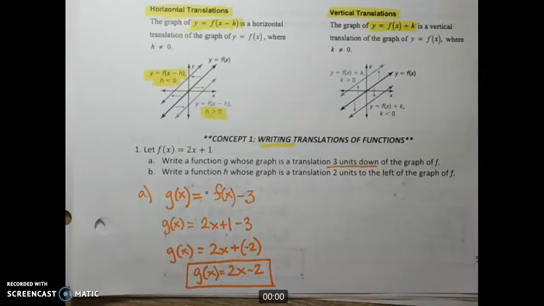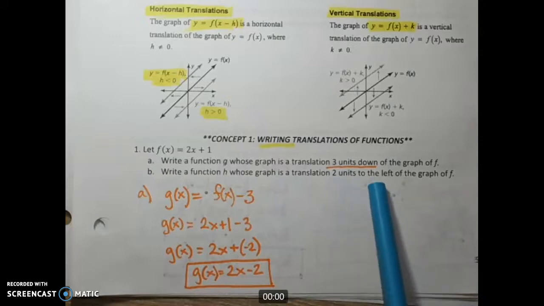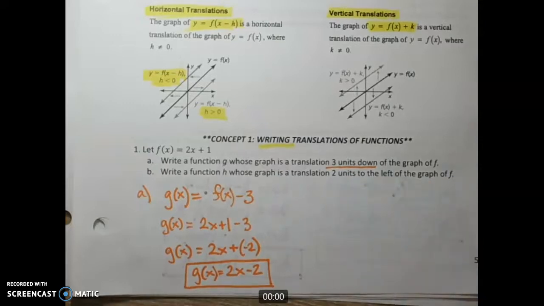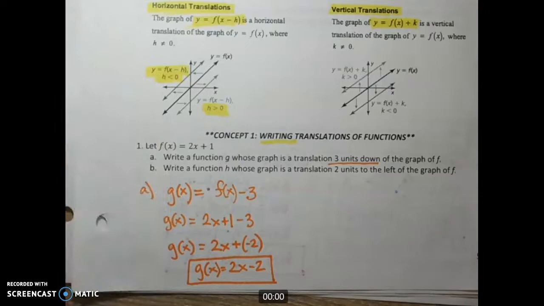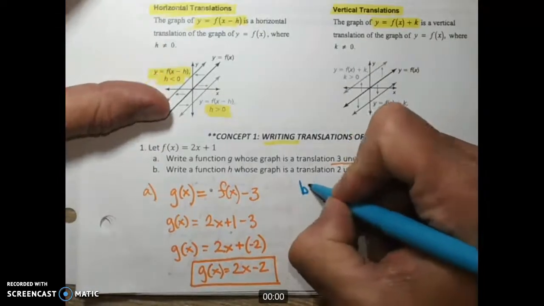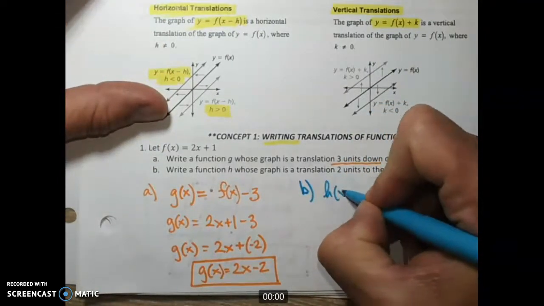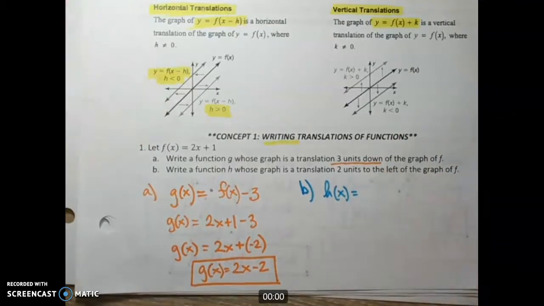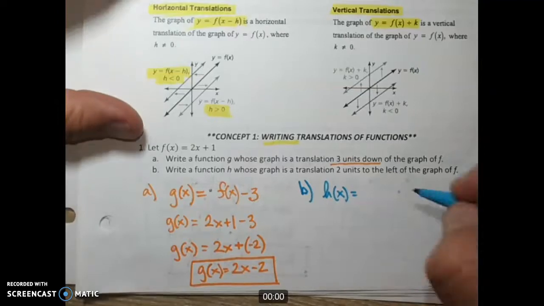I'm going to do the same thing with b. I'm going to take a new function named h, whose graph is a transformation 2 units left of the graph of f. So I'm still using f of x here. So for b, I'm going to say h of x, I don't want to name it f of x because I'm changing the function, is equal to what?